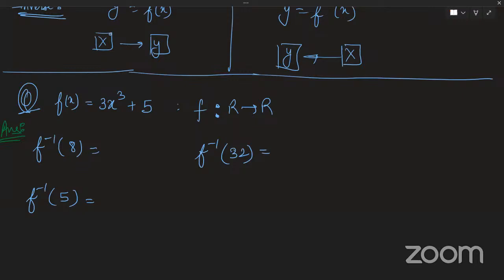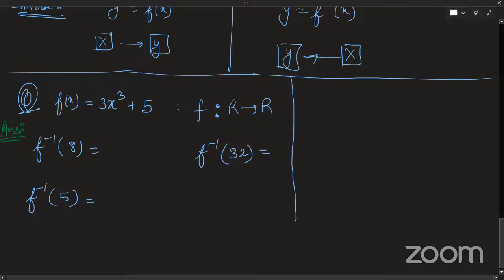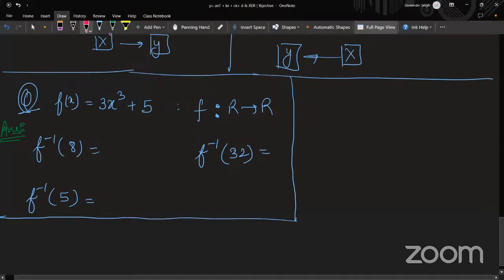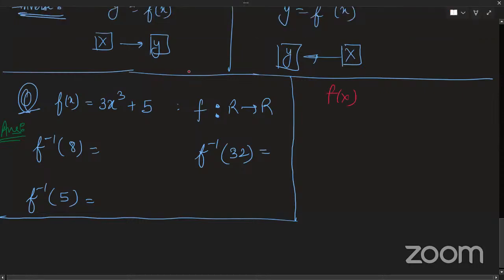So tell me, what will be my value of f inverse of 8? Just imagine how f inverse is acting. This is my function f of x. I have another function f inverse of x.